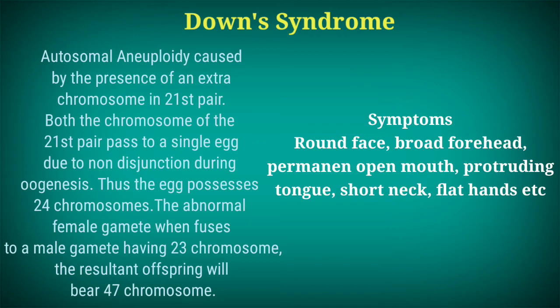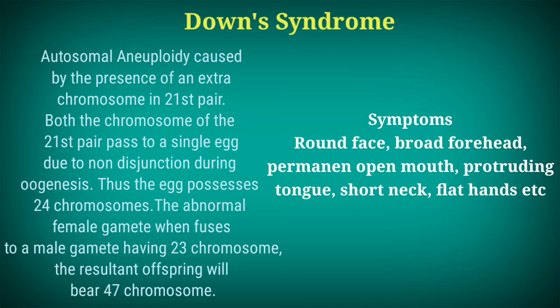And this happens because both the chromosomes in the 21st pair in that resultant individual are passed from a single egg, and this happens due to the non-disjunction during oogenesis, where the 21st pair does not separate.